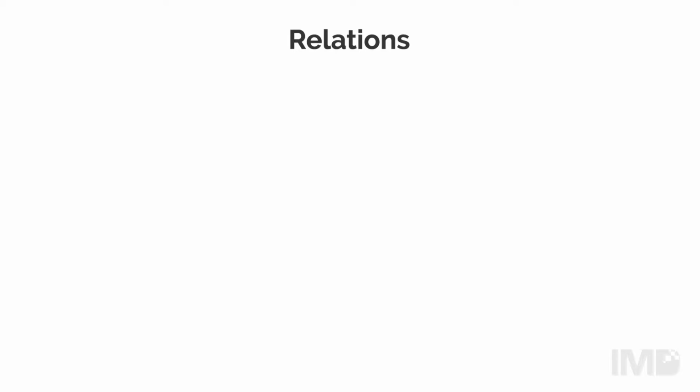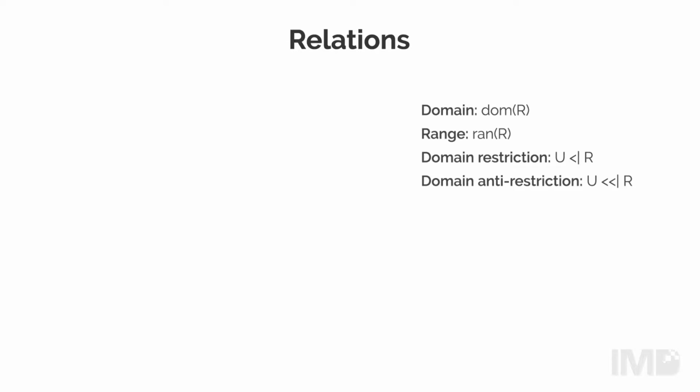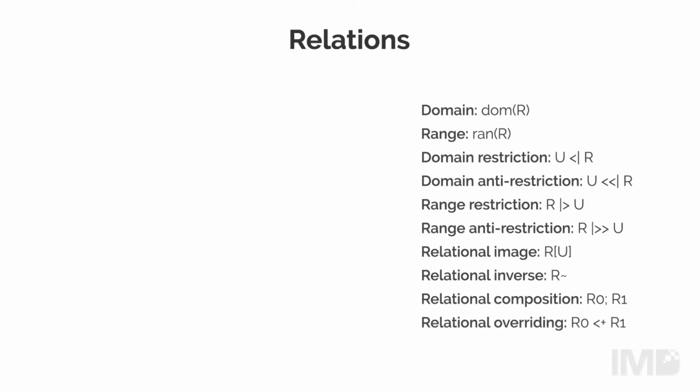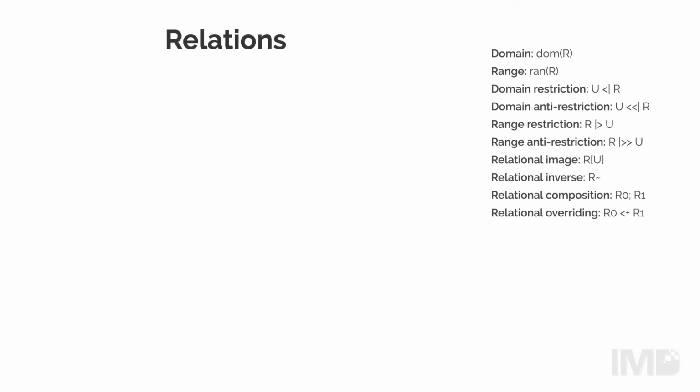The operations on relations available on the B method are domain, range, domain restriction, domain anti-restriction, range restriction, range anti-restriction, relational image, relational inverse, relational composition, and relational overriding. Let us now talk about each of these operations individually.